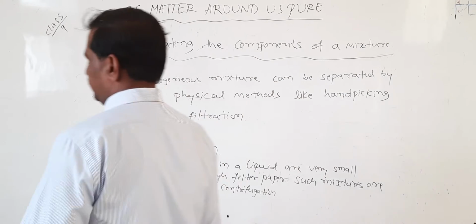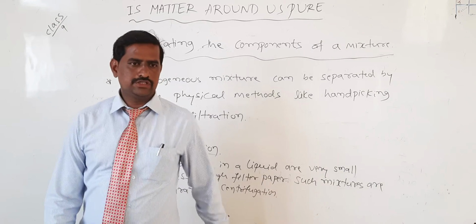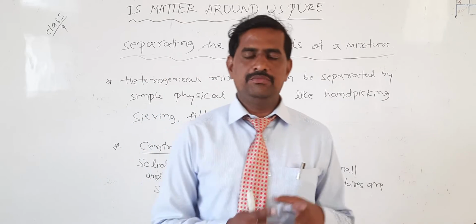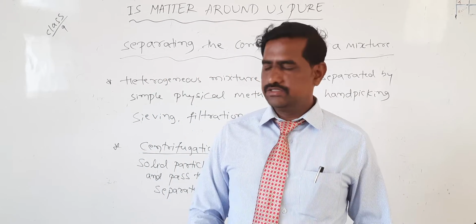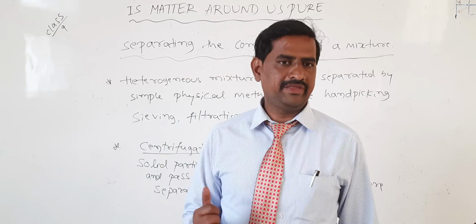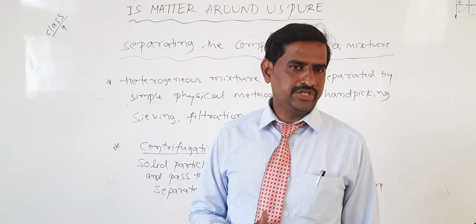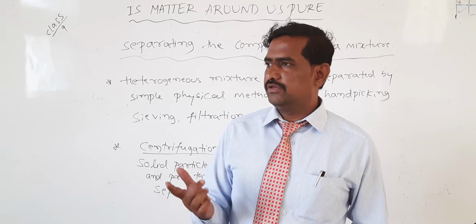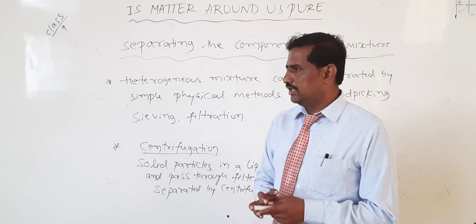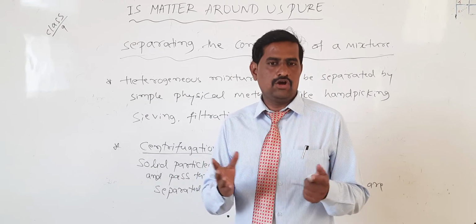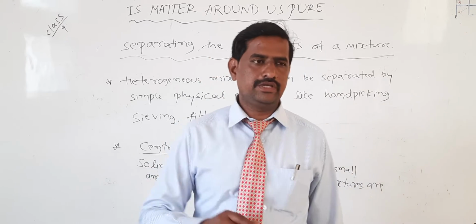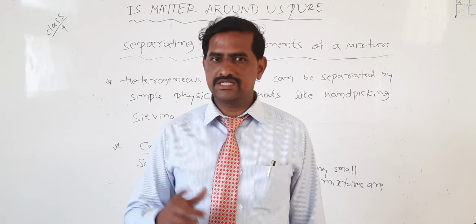Next, after the colloidal solutions, how can we separate them? Already we have studied the mixtures. How are the mixtures separated? Solid mixtures we can separate by the hand picking method, by sieving or by filtration. But if they are completely dissolved, we can't apply filtration or hand picking, so by those methods we can't separate them.